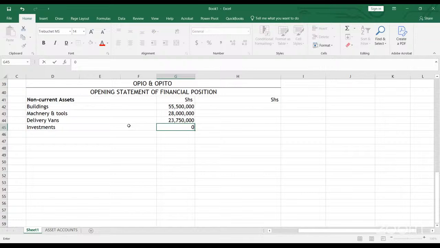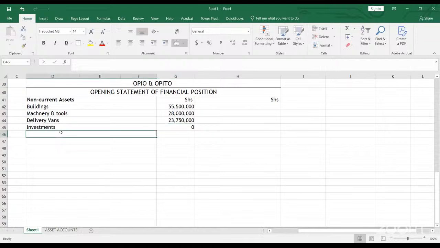Then we also have inventories. What about the delivery van? It is at 23,750, we already have it.